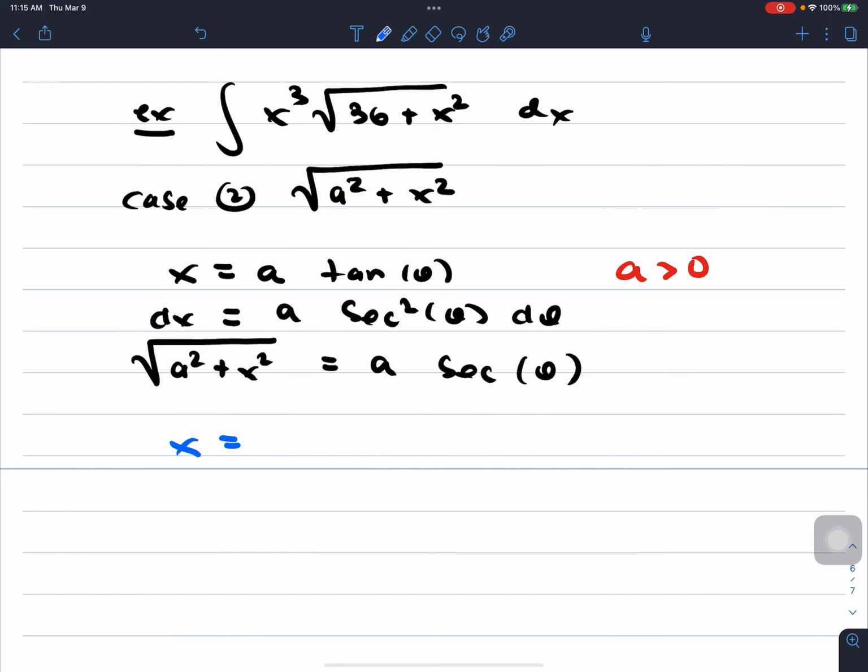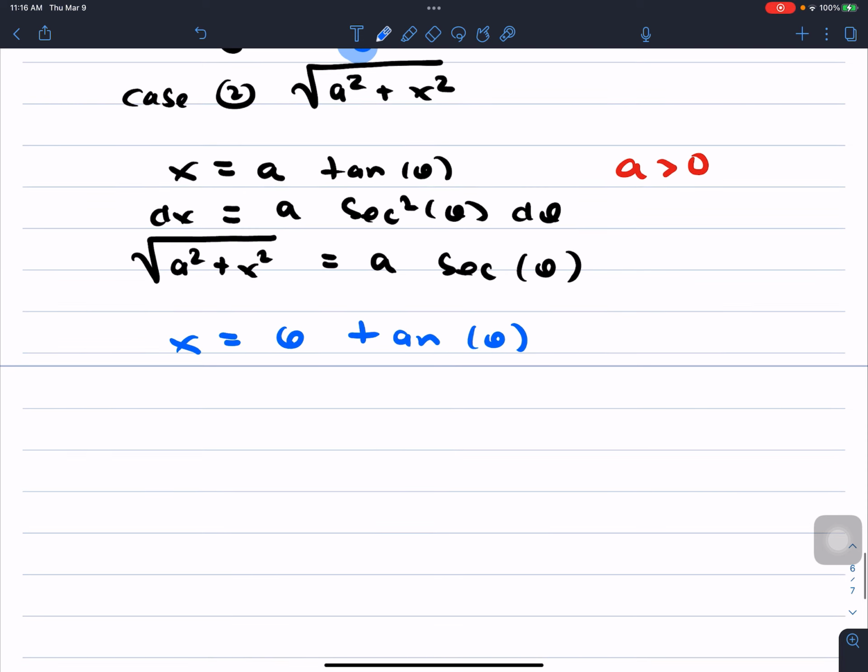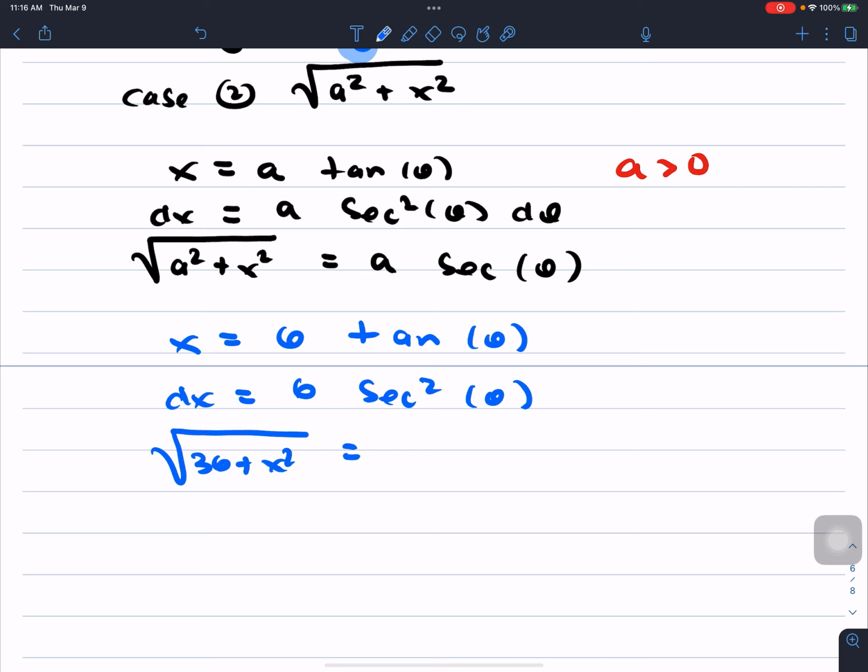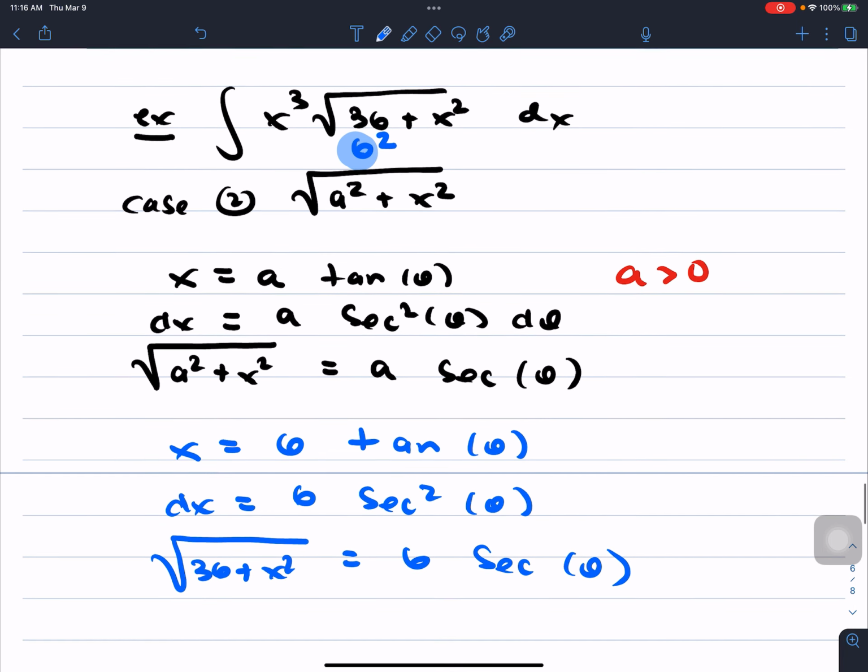This is going to be x equals, isn't 36 6 squared? So what is our a value going to be? 6. Good. So x will be 6 tangent theta. Then what is dx going to be? 6 secant squared theta. What does the radical then become? 36 plus x squared, the radical is going to be 6 secant theta. Is that true?